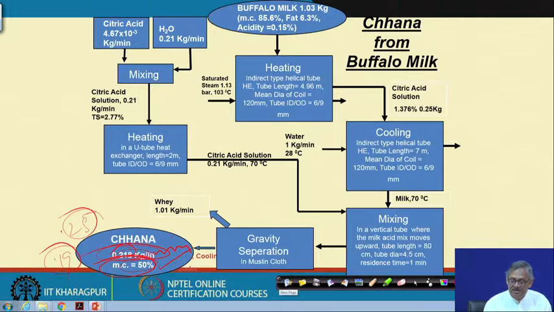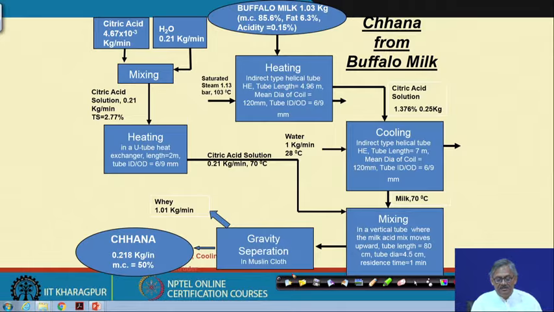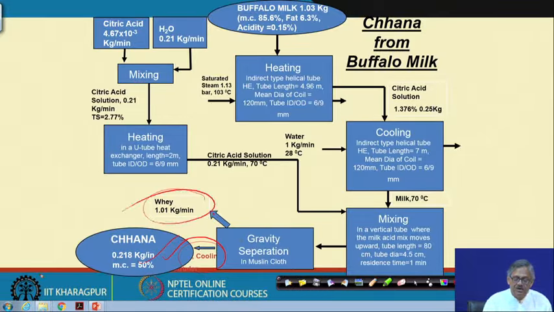So the quantity will be dictated by the moisture content, right. So it is cooled and this is separated, and we get whey 1.01 kg per minute, right. So this is how chana is being made, right.